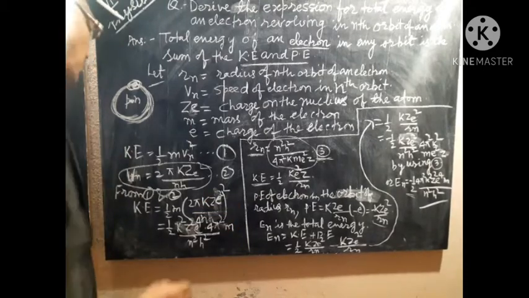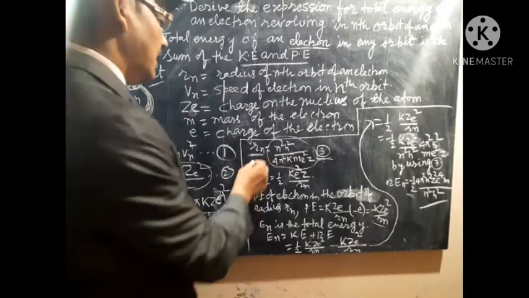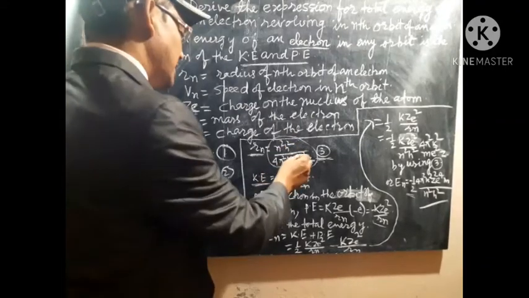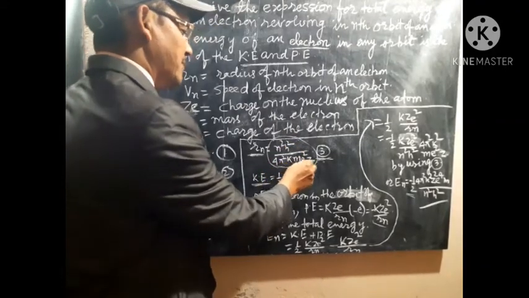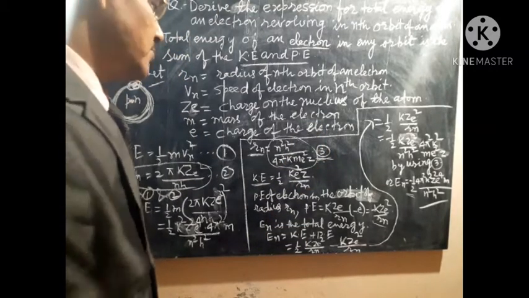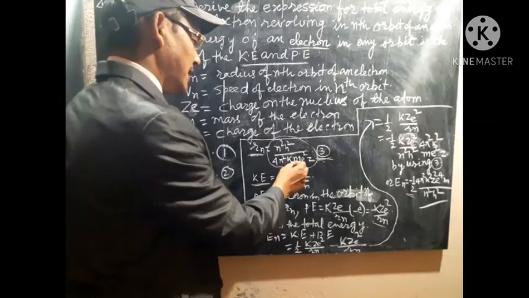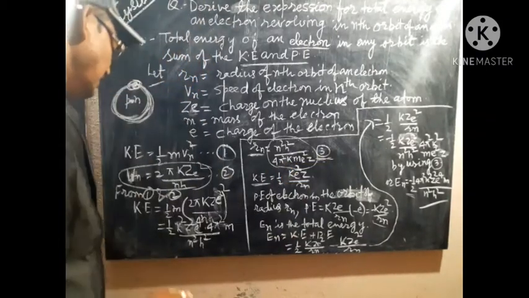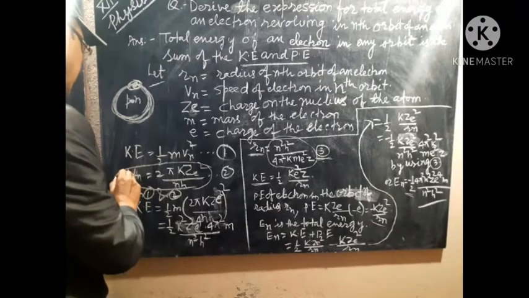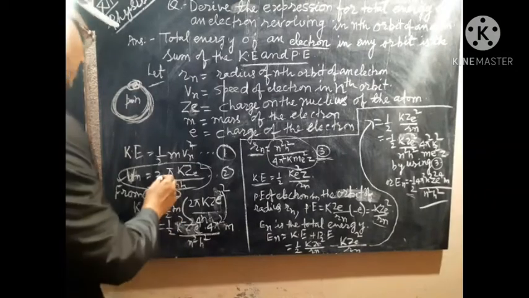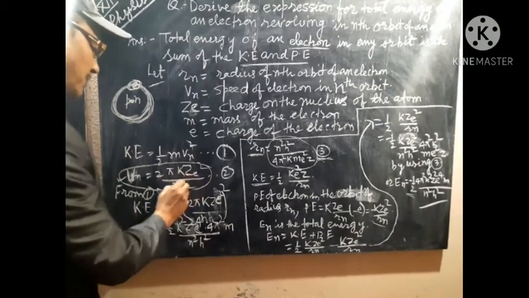Now next thing, radius. Rn is equal to n square h square by 4 pi square k m e square Z. That is the third equation. Here you should keep in memory Vn, the velocity, is equal to 2 pi k Z e square by n h.